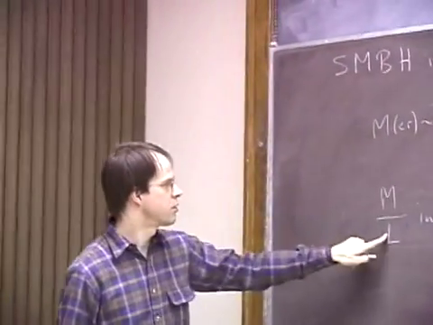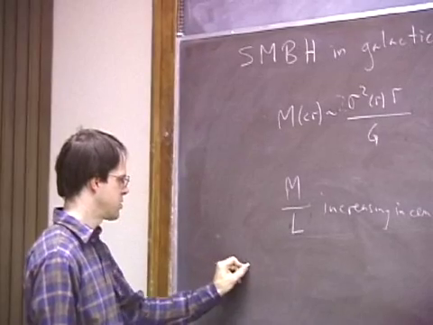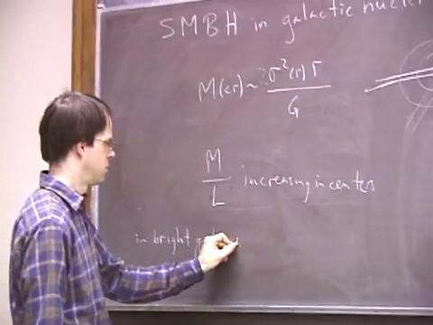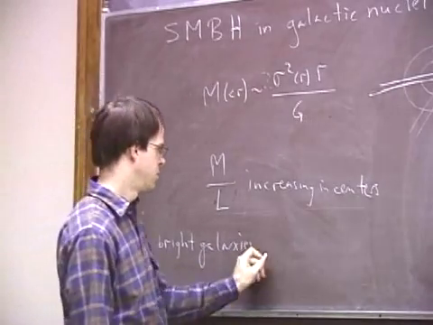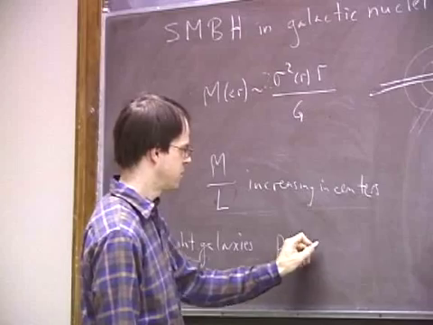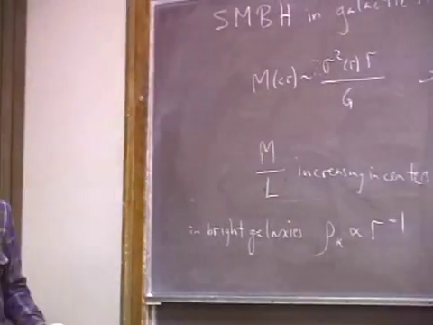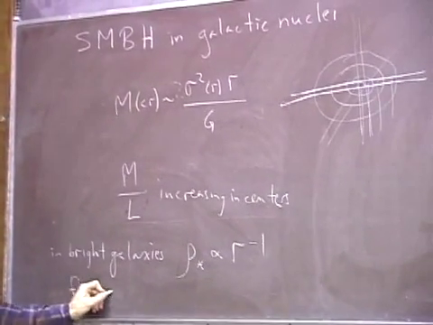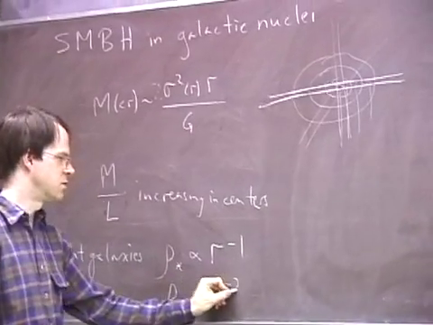So let me say a little bit about this light ratio. In bright galaxies, the luminosity density in the stars, rho star, goes approximately proportional to r to the minus 1 in the centers of the galaxies, whereas in younger galaxies, this density tends to go like r to the minus 2.